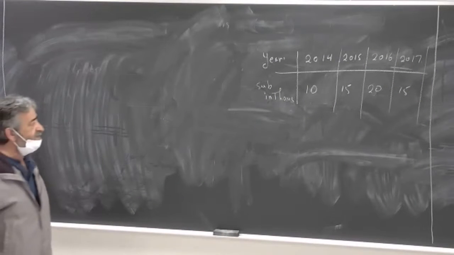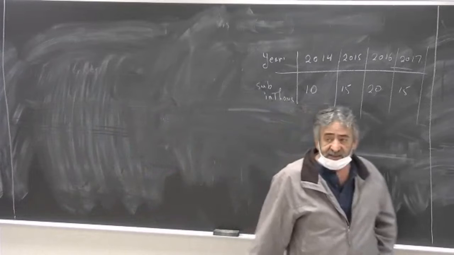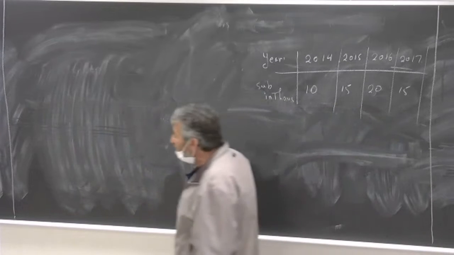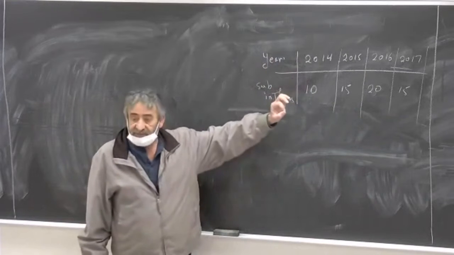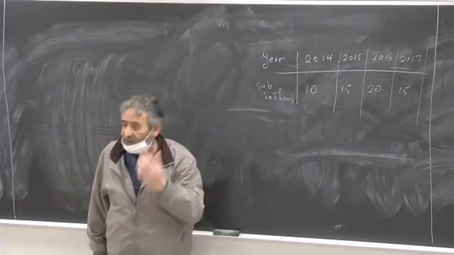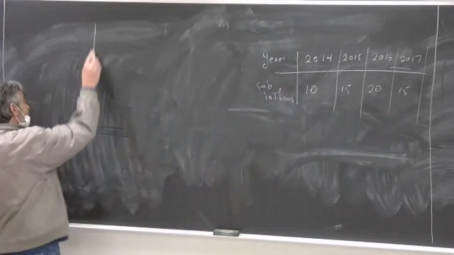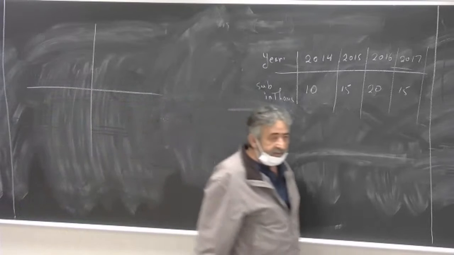We can represent this by a scatter graph on the rectangular coordinate system by simply writing these as points. Now, how do I write these as points, and how do I determine what they are? Well, let's go ahead and put up my rectangular coordinate system.